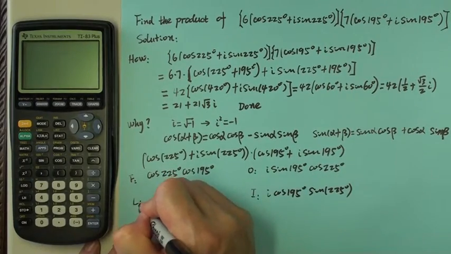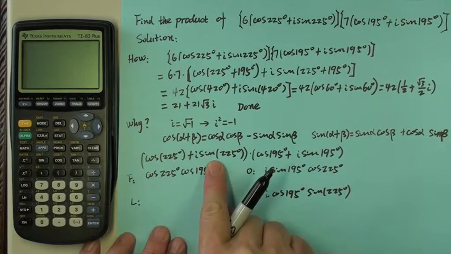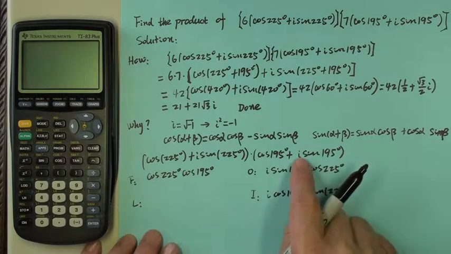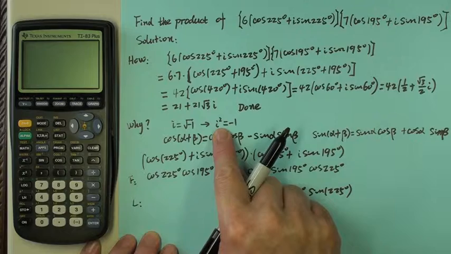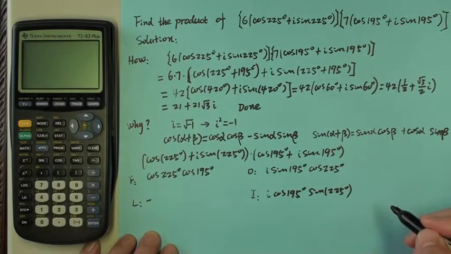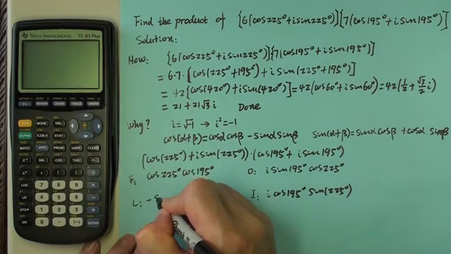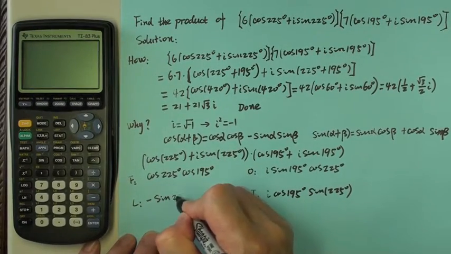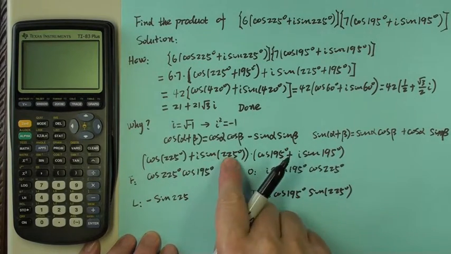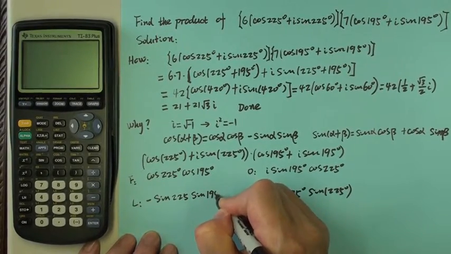L, the last product, is the quantity here times the quantity here. You know, this is i times i, so you get i squared, which is -1. So you want to put a negative in front of it. Then sine 225 degrees times sine 195.